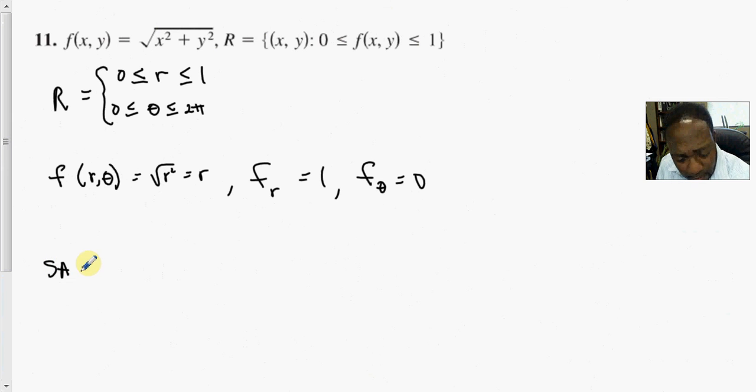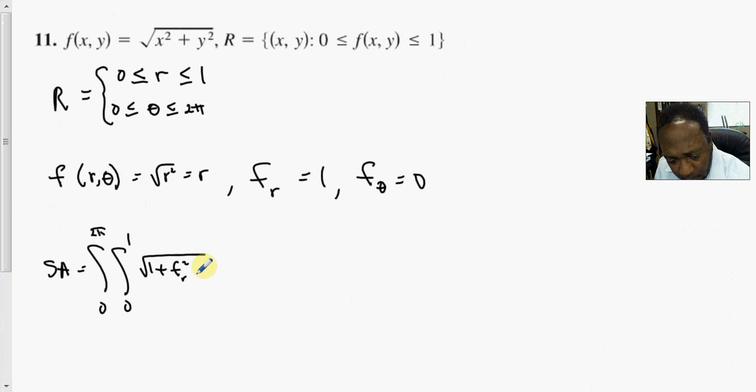So the surface area, this double integral, we're going from 0 to 1 for r, and then 0 to 2 pi for theta. And this is the square root of 1 plus the partial of f with respect to r squared plus the partial of f with respect to theta squared, times the r factor, remember that from the polar coordinates or the cylindrical coordinates, dr d theta.